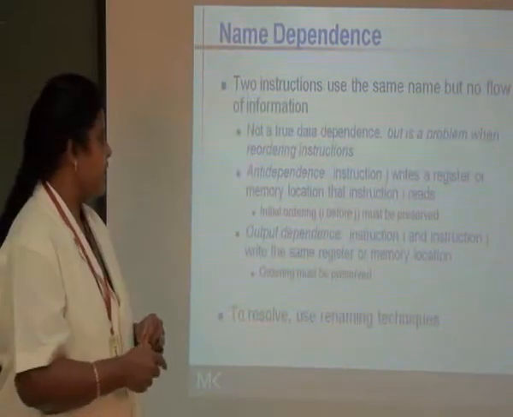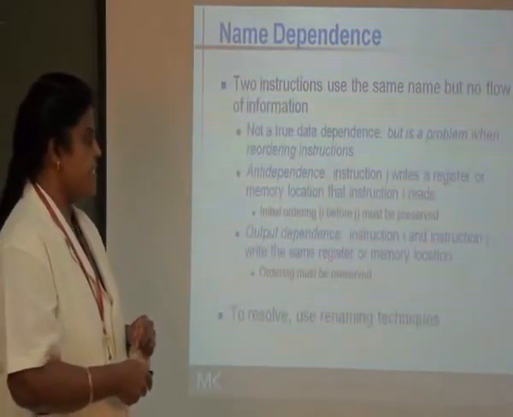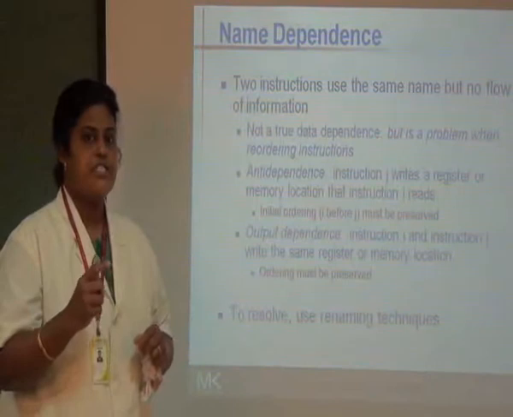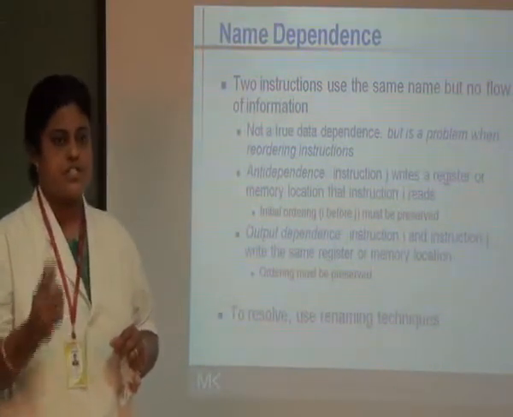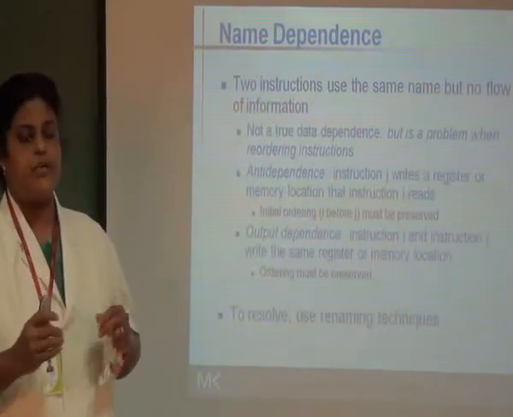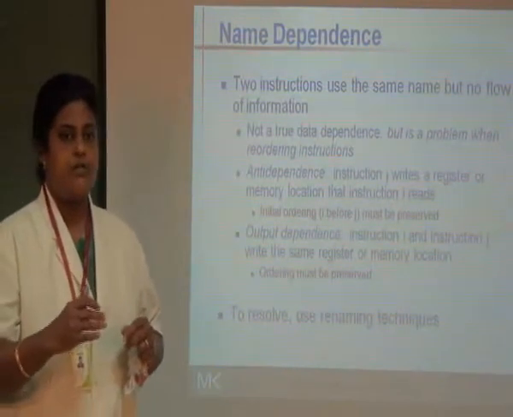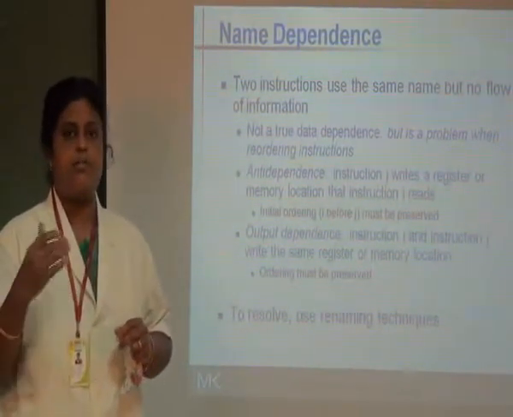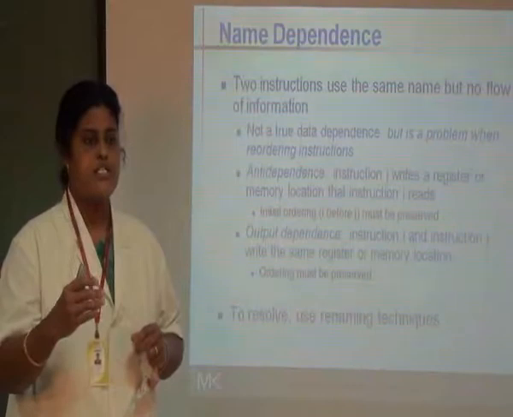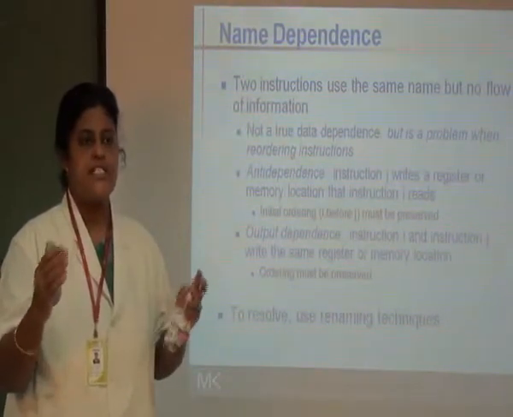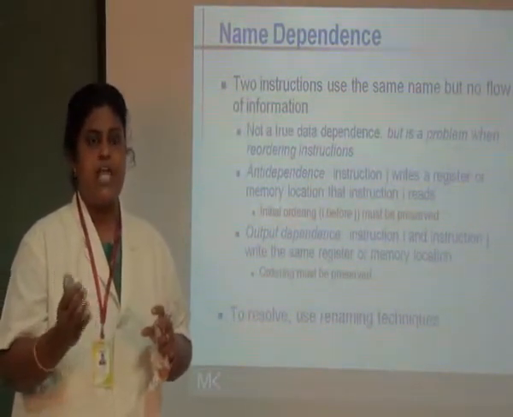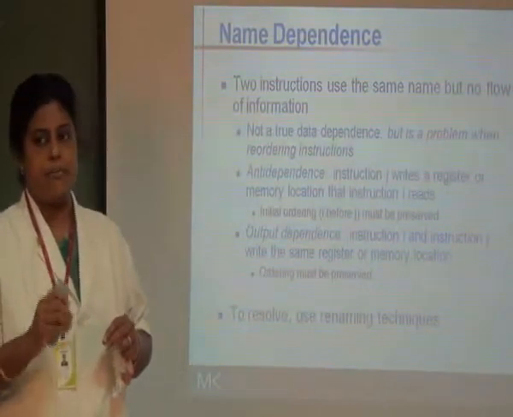So what is output dependence? There are two different instructions, instruction I as well as instruction J. Both of them are executed, and if both of them try to write into the same register or a memory location, there arises a clash between both of them, and this is actually output dependence.